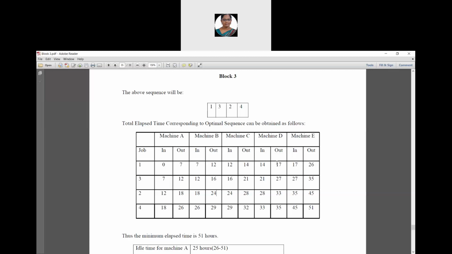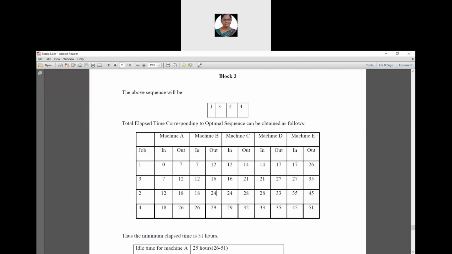So 14 plus 3 is 17. Then we have to compare 17 and 21, and we should write maximum of 17 and 21 here. It is 21. 21 is the in value for job 3, and the out value for job 3 is calculated by in value 21 plus the processing time for the third job in machine D, which is 6. So 21 plus 6 is 27.